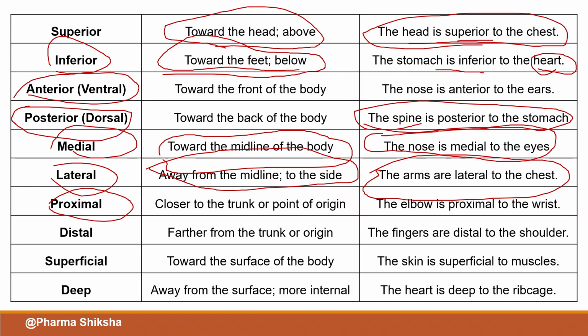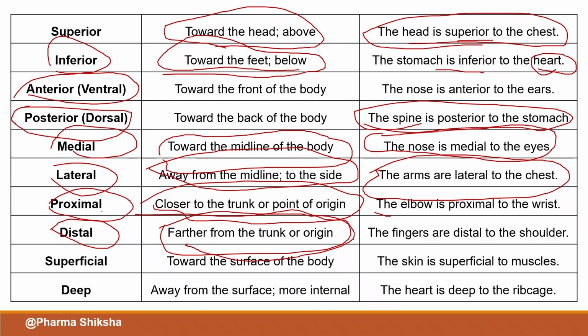Next one is proximal and distal. In the case of nephrons, you heard about the proximal convoluted tubules and the distal convoluted tubules. Proximal means closer to the trunk or point of origin, and distal means away from, or far from, the trunk or origin of that specific organ.